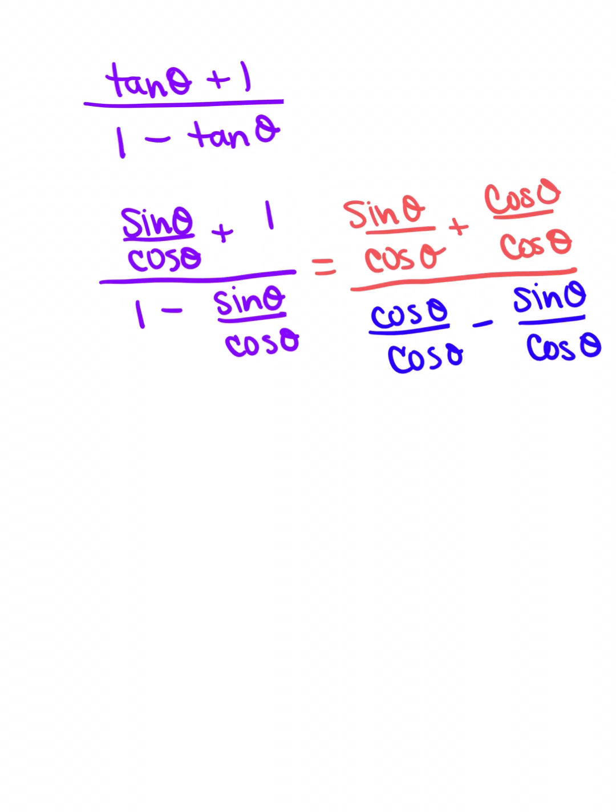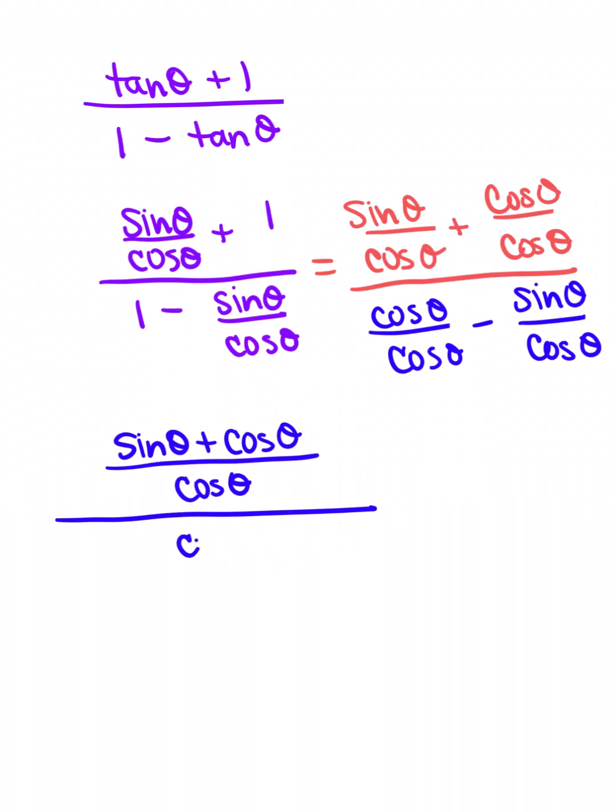So now on the numerator, we have sine of theta plus cosine of theta divided by cosine of theta, divided by cosine of theta minus sine of theta all over cosine of theta.